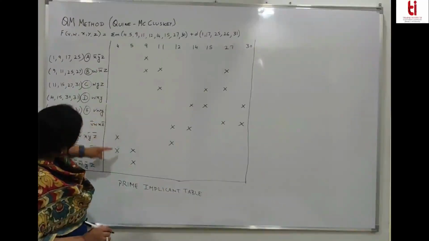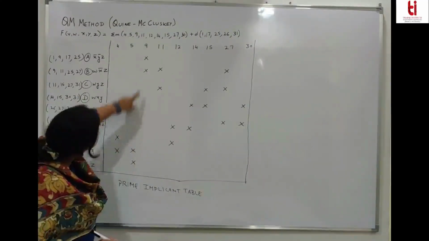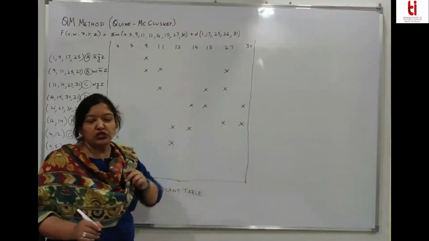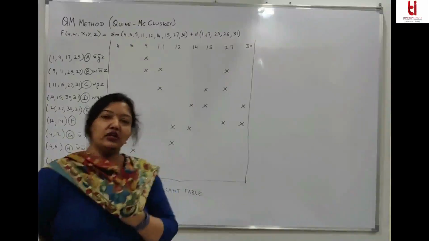You can see in all the columns 4, 5, 9, 11, 12, 14, 15, there are no single crosses. There are more than one cross.